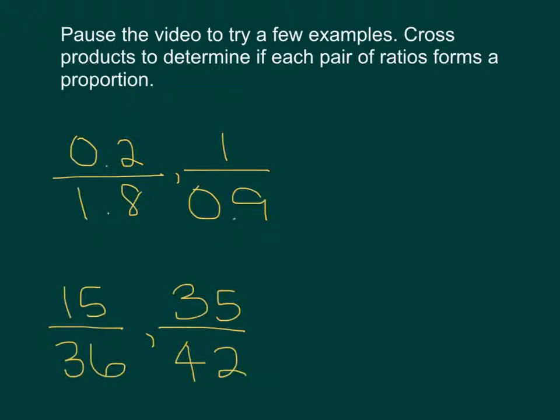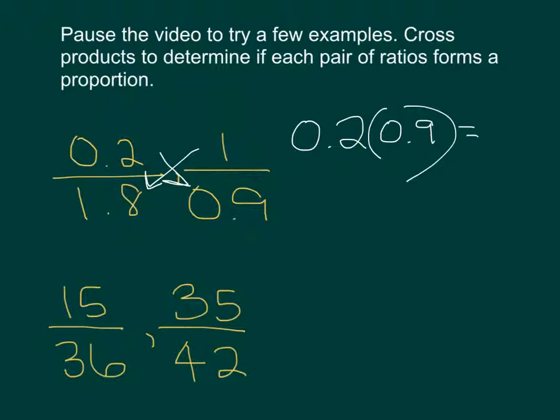Use cross products to determine if each pair of ratios forms a proportion. So the first example we have is 0.2 over 1.8 and 1 over 9.9. If you cross multiply, we have 0.2 times 9.9, and we're trying to determine if that's equal to 1 times 1.8.